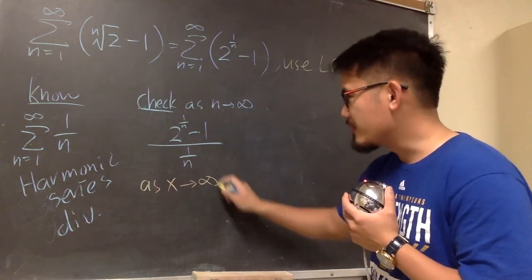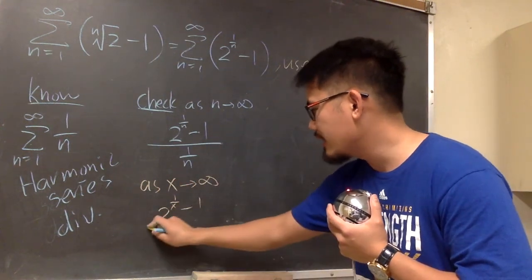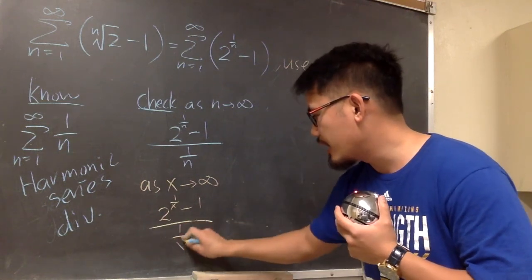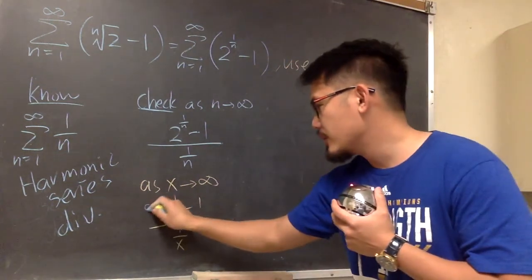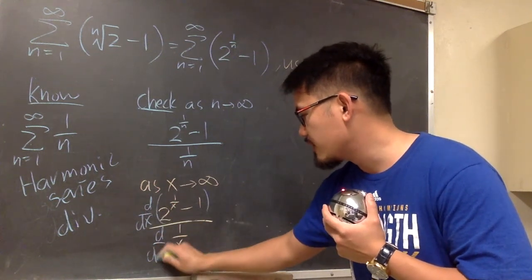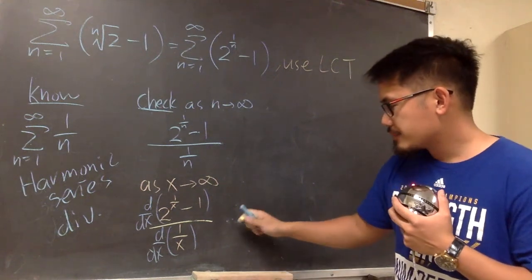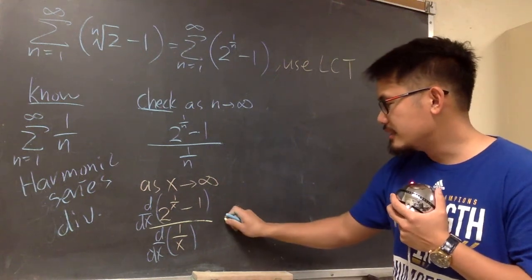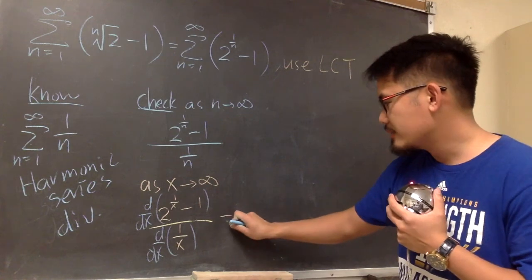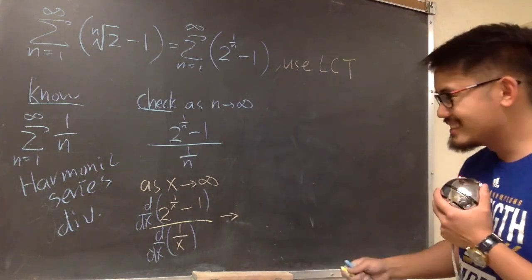As x is approaching infinity, let's look at 2 to the 1 over x minus 1, over 1 over x. And we will just take the derivative on the top and then the derivative on the bottom to see what we get. I'll put an arrow, it's approaching, because we're talking about limits.